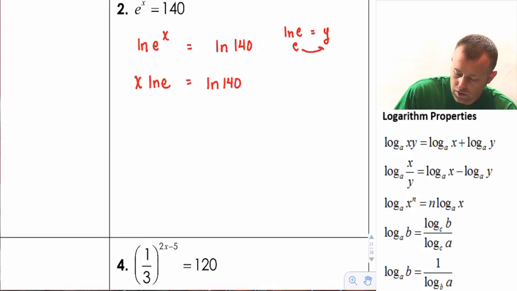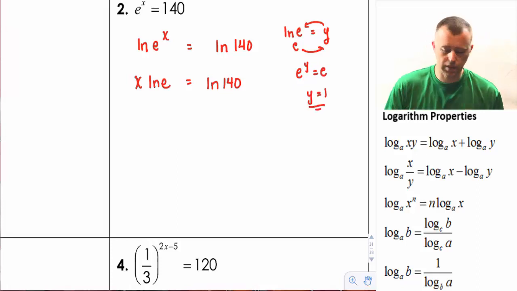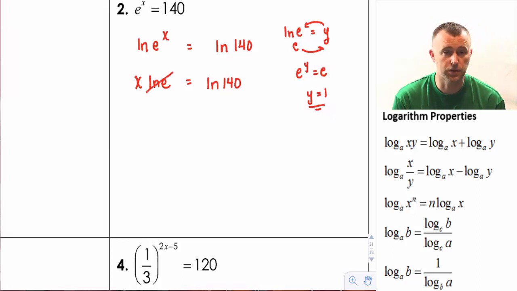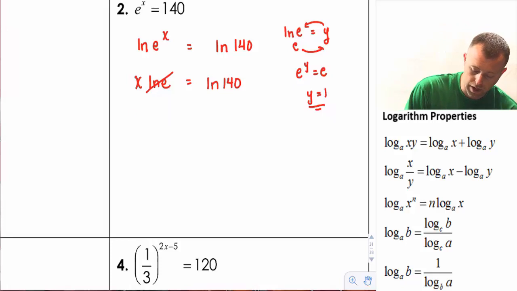You'd have e to the y equals e, so we get y equals 1. What that means is the natural log of e is 1. In other words, it cancels out. So I end up with x equals the natural log of 140.